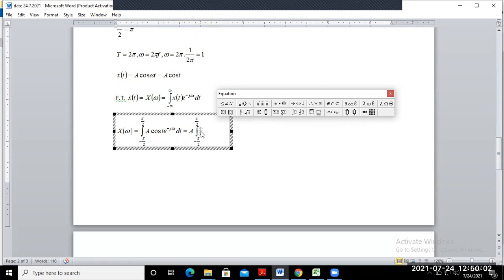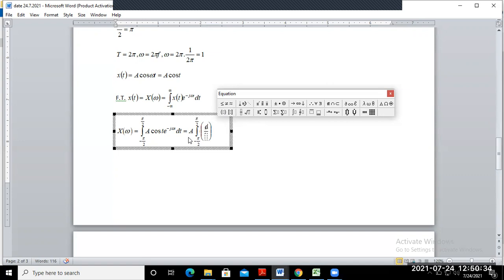Cos theta can be represented in exponential function as e to the power minus j theta plus e to the power j theta divided by 2. Okay, so in place of theta you have t. So we can write cos t in terms of exponential function.